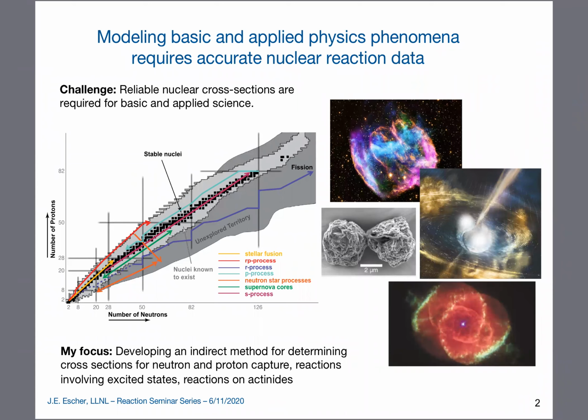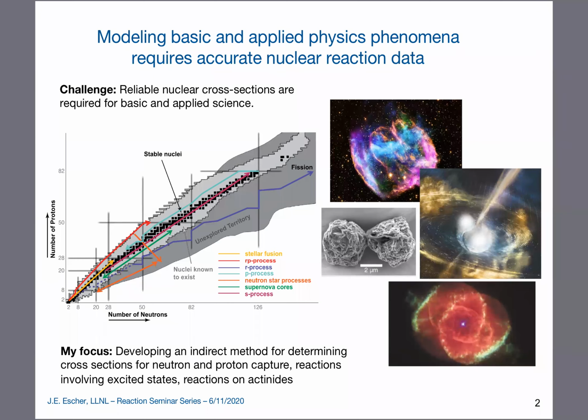Simulations of astrophysical phenomena are the only way that we can interpret the signals that we get from space via telescopes, via gravitational wave detectors, or even via grains included in meteorites that hit the Earth. In order to interpret those, we need to run these simulations, and we need to have nuclear data input.